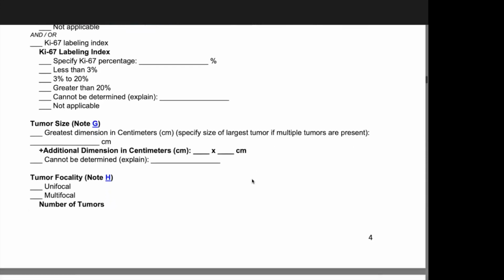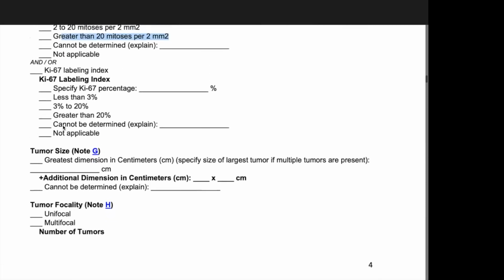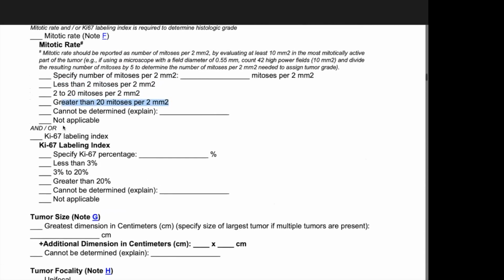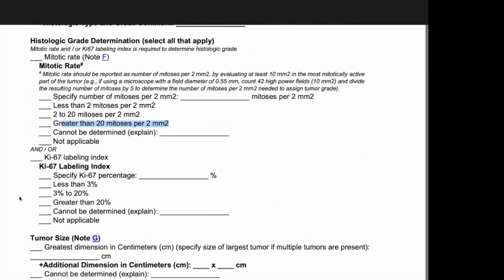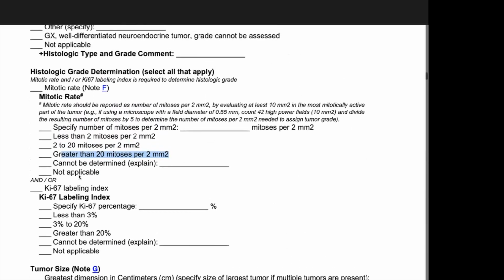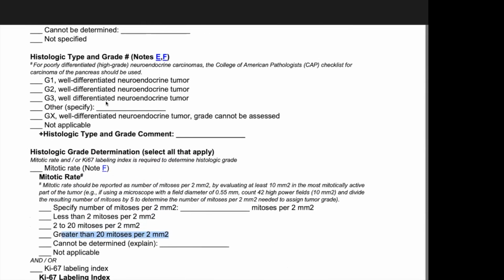So tumor size will affect the pT stage as it did in adenocarcinomas. However, the most prognostic factor in a neuroendocrine tumor from a pathology aspect is the mitotic rate or the Ki-67 labeling index, which will determine the histological grade.